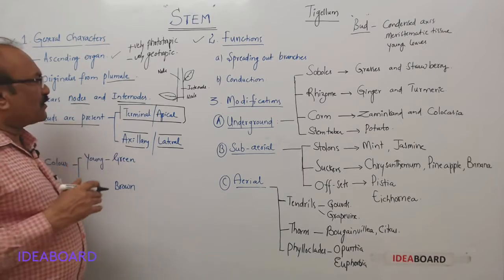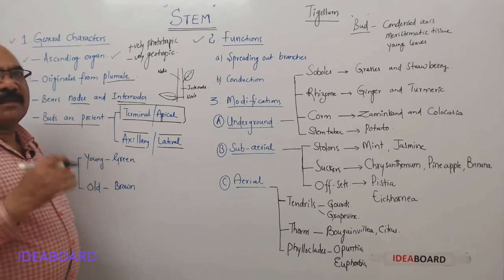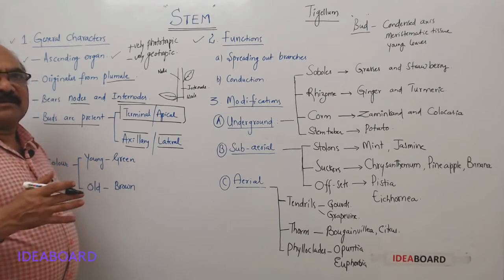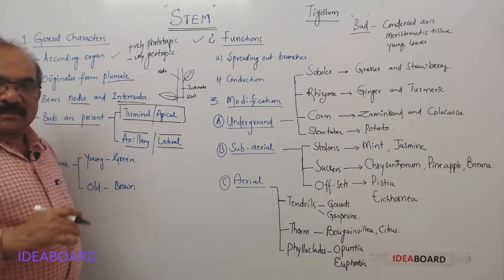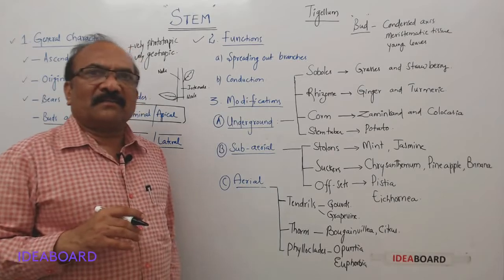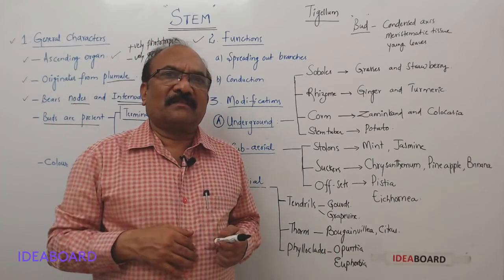Generally, during the vegetative phase, both these buds will help in vegetative growth of the plant. What is vegetative growth? Growth of vegetative organs. What are vegetative organs? Root, stem and leaves are vegetative organs.